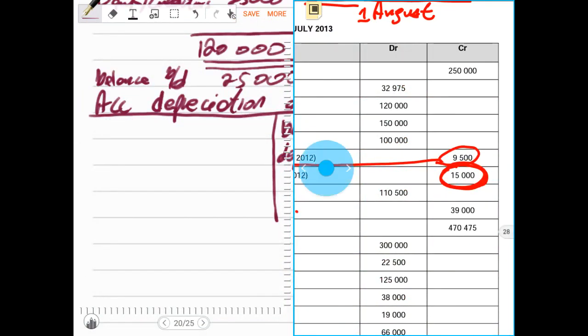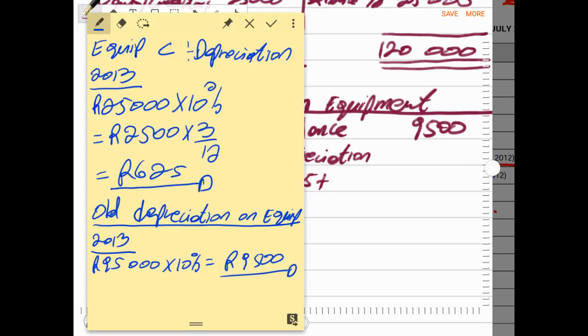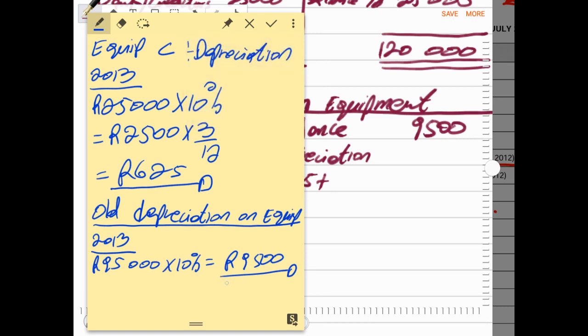So now we come to our ledger account. In our ledger account, we had two amounts. The first amount was 625 for the depreciation of equipment C, and we now add the next depreciation that we just calculated, the one of 9,500 rands, which is the one there at the bottom.